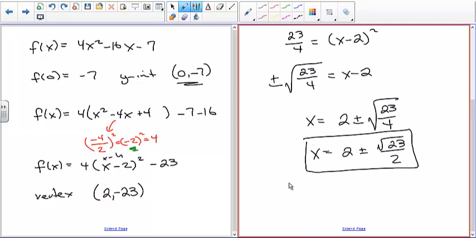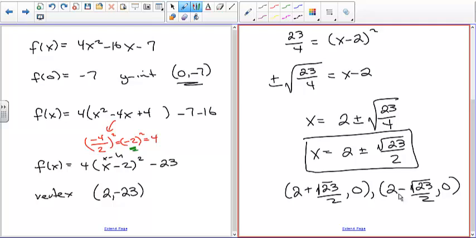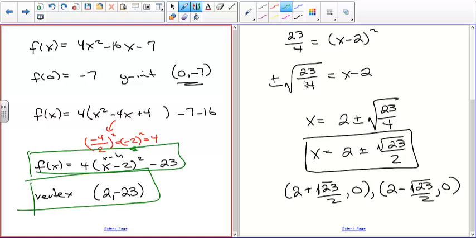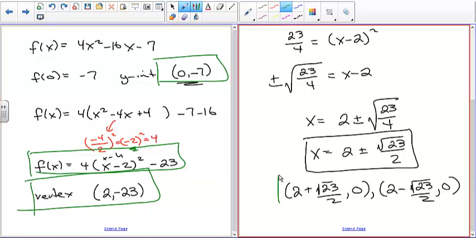So it's going to be (2 plus the square root of 23 over 2, 0) and (2 minus the square root of 23 over 2, 0). So we've got everything now. We've got the equation in standard form, got the vertex, we already had the y-intercept right here, and then the x-intercepts.